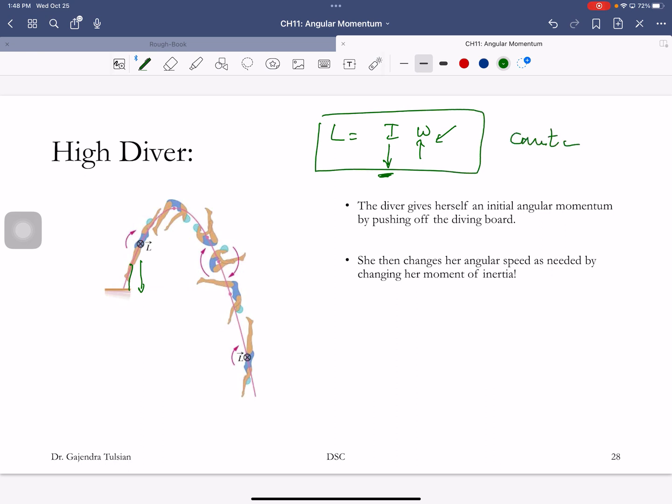The more you crunch up, the more you'll spin, and you can turn however many times you want and then hit the water. When you don't want to spin anymore, you just straighten yourself up. Even at this moment, just before you enter, you're spinning, but the goal is to enter the water straight. And once you're in the water, that will stop your spin.